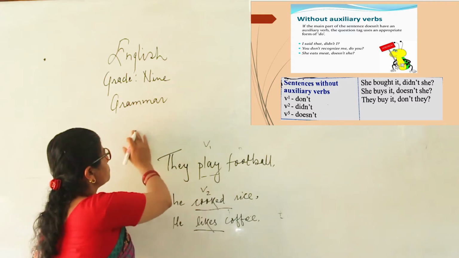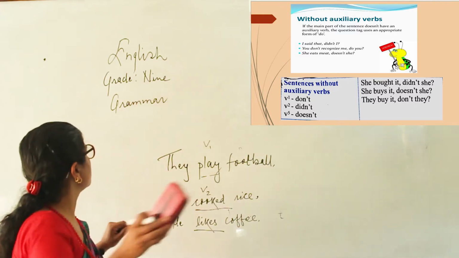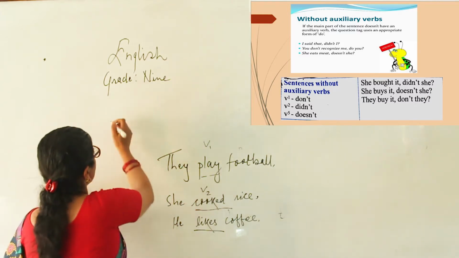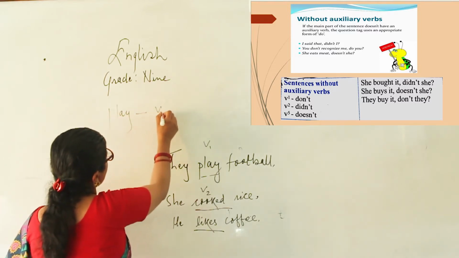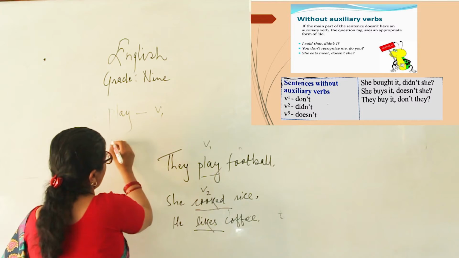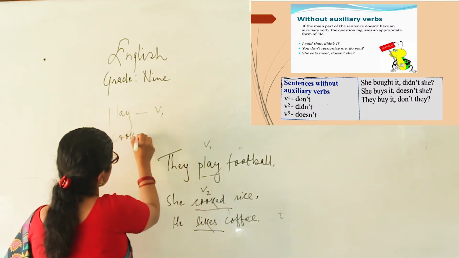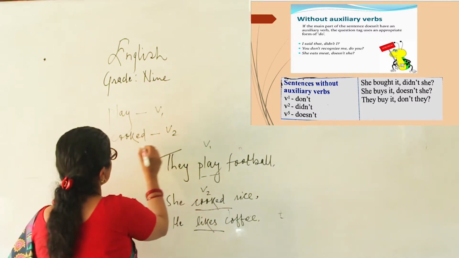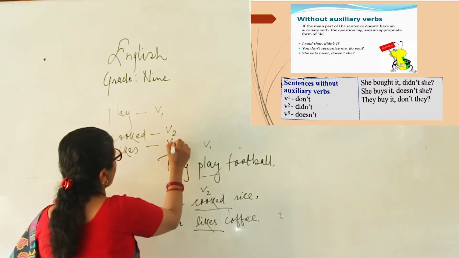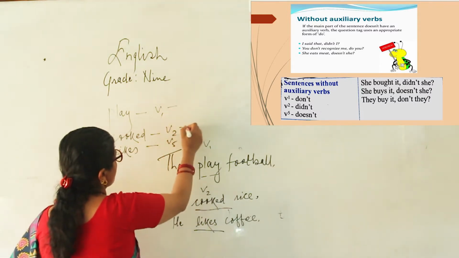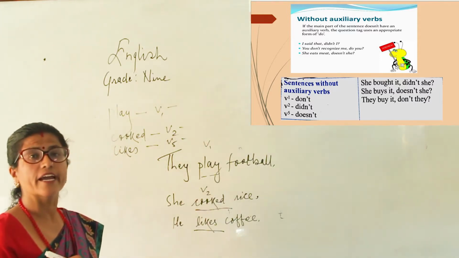So play is B1, cooked is B2, and likes is B5. What is the difference between them? What does B1 indicate?